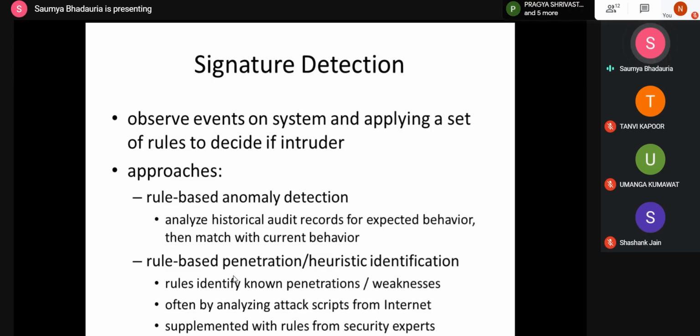Now, in the case of rule-based heuristic identification, here the use of rules is done for identifying known penetrations. Okay, these are the known penetrations which would actually exploit the known weaknesses. So already you are aware of the vulnerabilities, and those vulnerabilities would be exploited by already existing attacks.